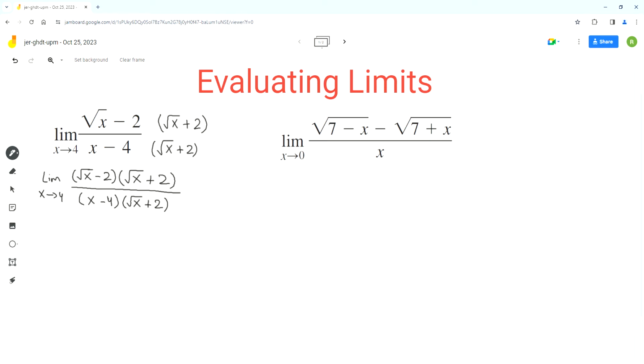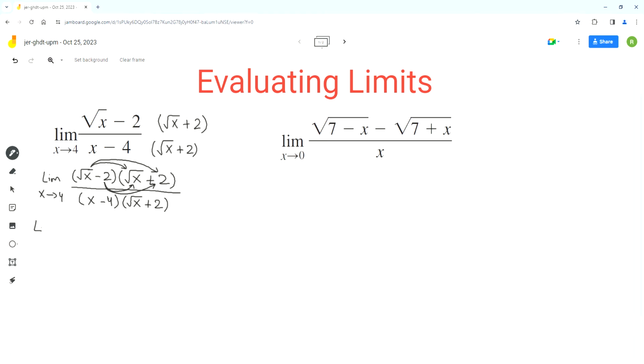Now we can simplify the numerator expression by distributing the terms using the FOIL method. So we multiply square root x by square root x and square root x by 2, then negative 2 times square root x and negative 2 times positive 2.